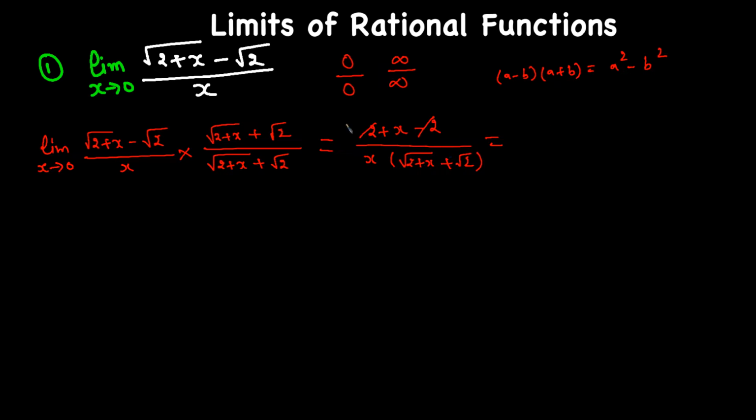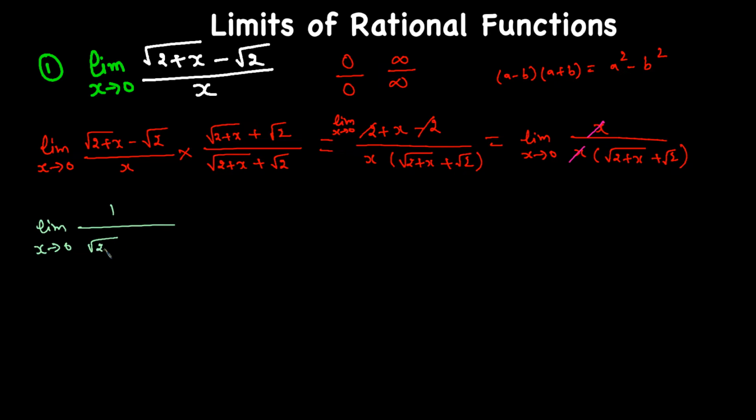This gives me, I forgot to put my limit. Okay, so limit x approaches 0. We have x in the numerator and x times square root of 2 plus x plus root 2 in the denominator, and we can cancel these x out. Okay, next step. Limit x approaches 0, and we're left with 1 over root of 2 plus x plus root of 2.